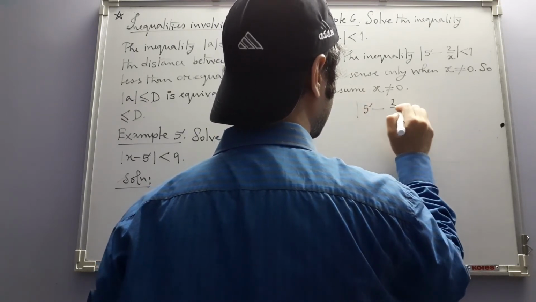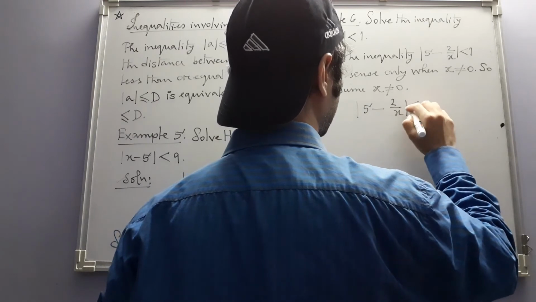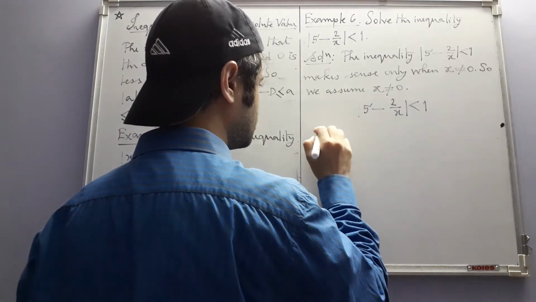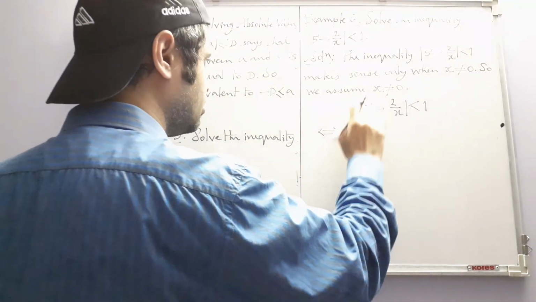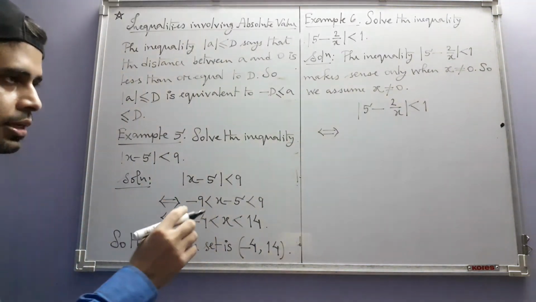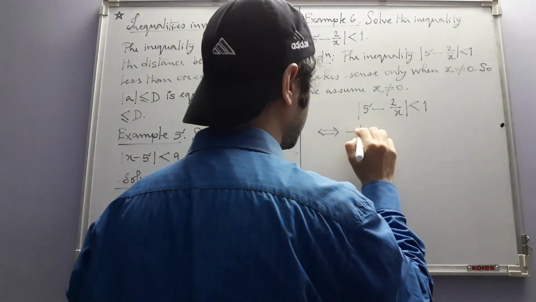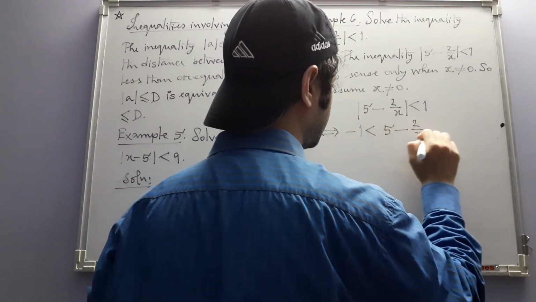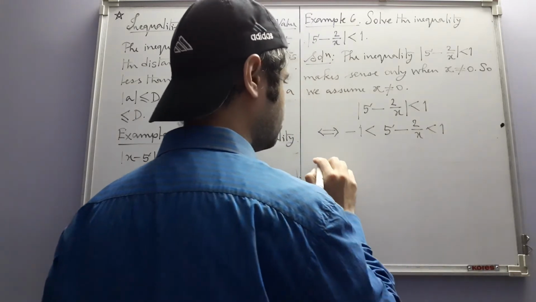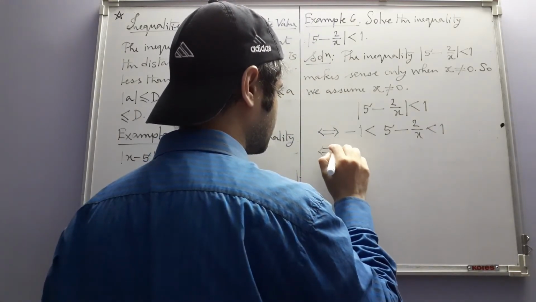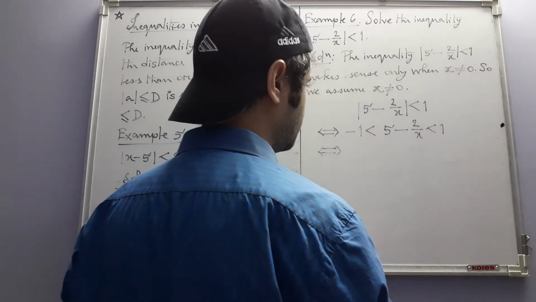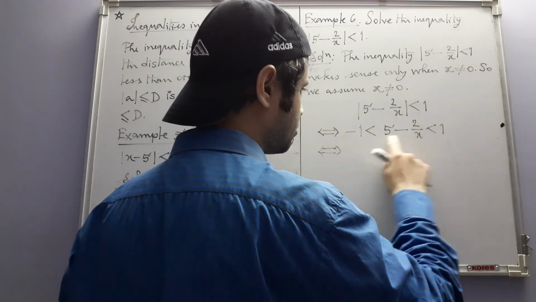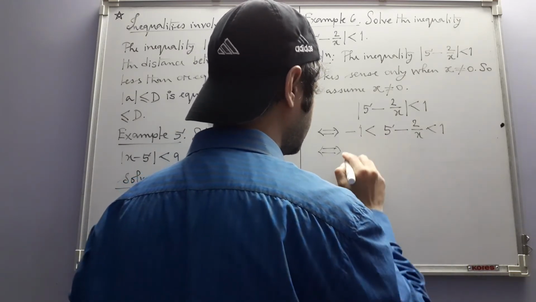Now under this assumption we solve this inequality. 5 minus 2 by x less than 1. Now it's usual what we would do in this case, we would do in this case also. That is minus 1 is strictly less than 5 minus 2 divided by x, that is less than 1. Okay, so we now subtract 5 from all the sides.